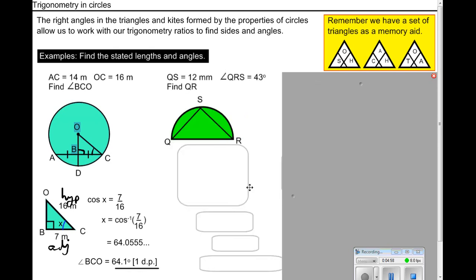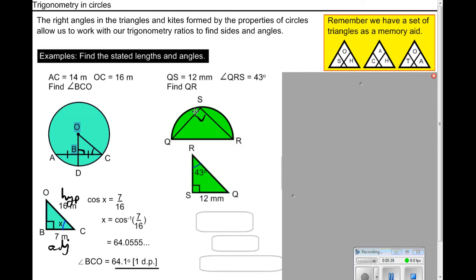Second example, working with a semicircle this time. I've been told that QS is 12 millimeters. I've been given the angle QRS, so I've been told that angle there is 43 degrees, and I've been asked to find QR. So, again, two chords inside a semicircle. That's going to form a right angled triangle.